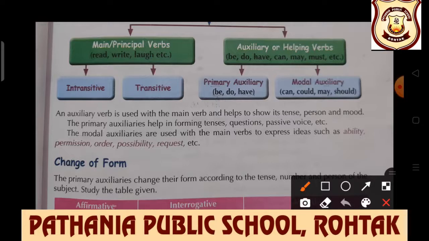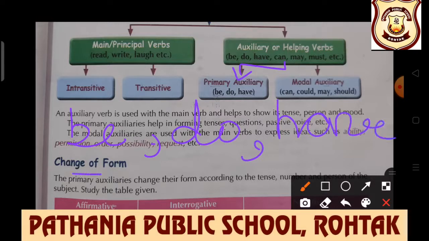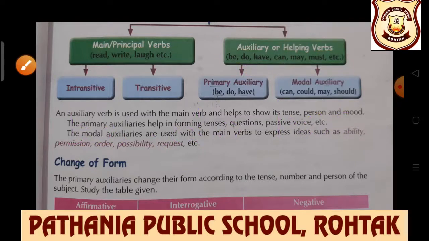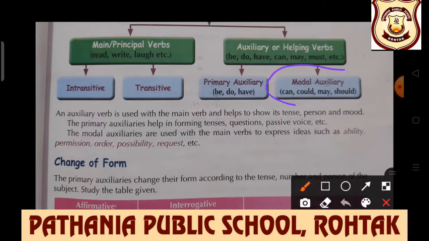Children, auxiliary verbs are divided into two further parts. First is primary auxiliaries, which include all the forms of be, do, and have, and they are used in a sentence to frame tense, person, mood, question, passive voice, etc. And the other auxiliary verbs are modal auxiliaries.